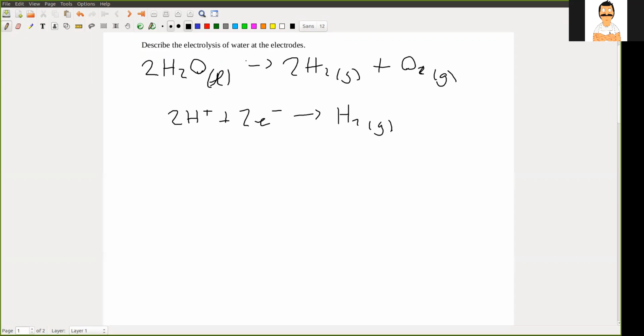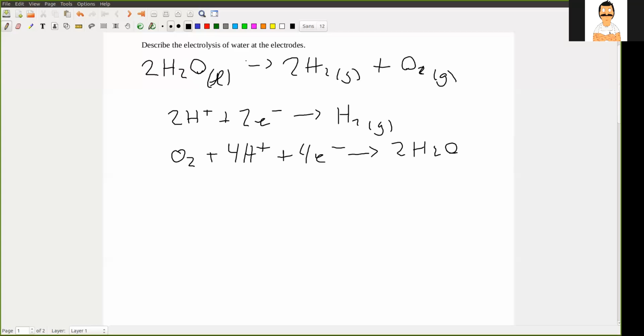And the other one, again written in the reducing form, is O2 plus 4H+ plus 4 electrons yields 2 H2O.